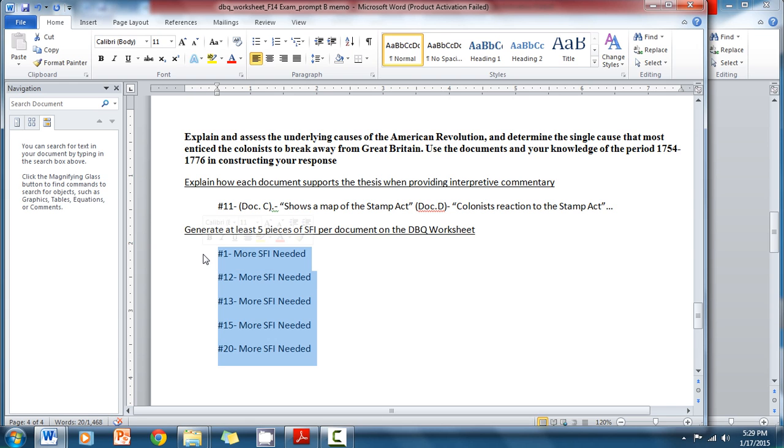And all of these students, more SFI is needed. You have to generate at least 5 pieces of SFI per document on the DBQ worksheet. When you write the actual essay, you only need 15 pieces throughout the whole essay. But for the sake of the DBQ worksheet, you must generate at least 5 pieces per document.